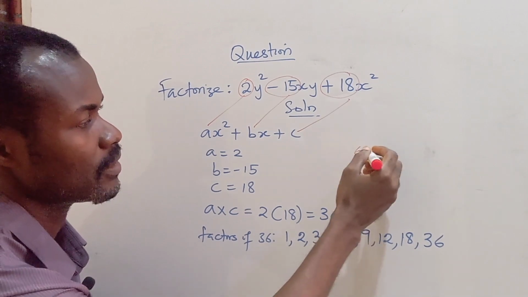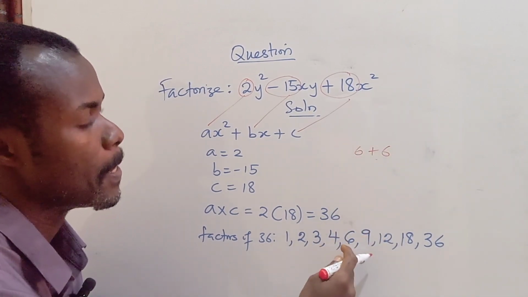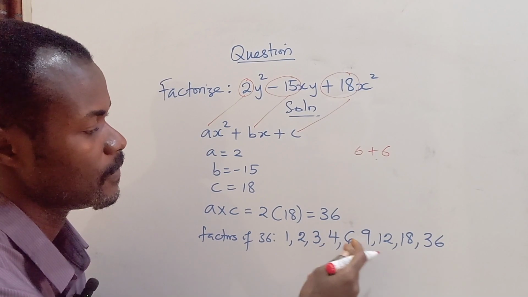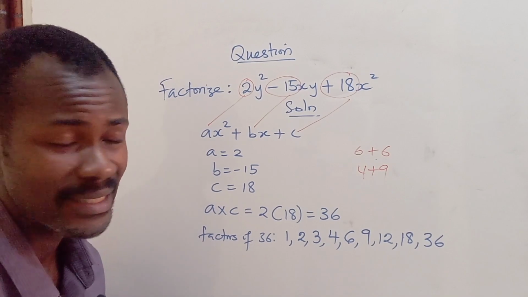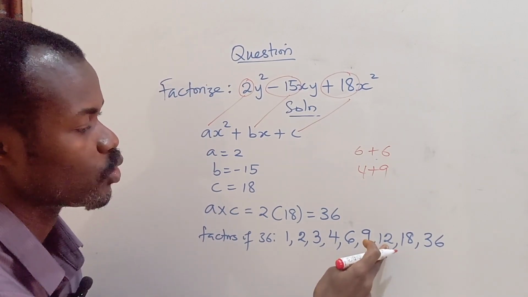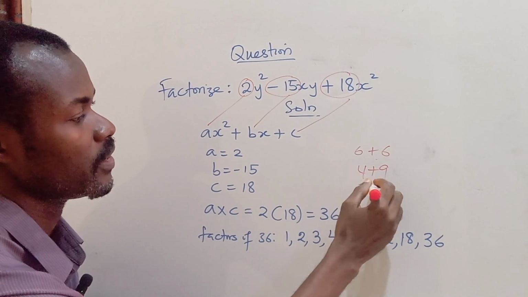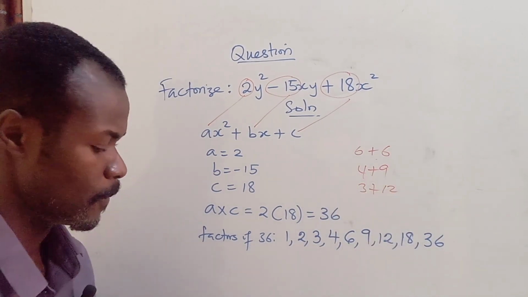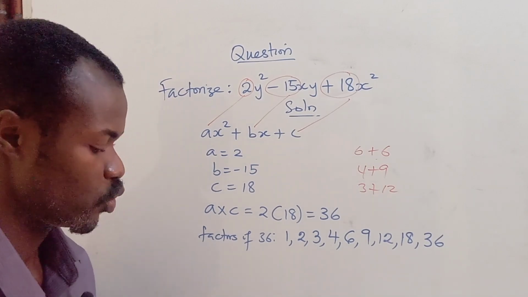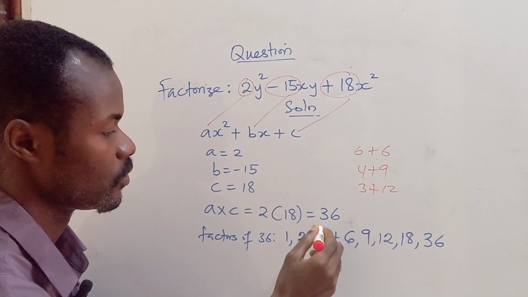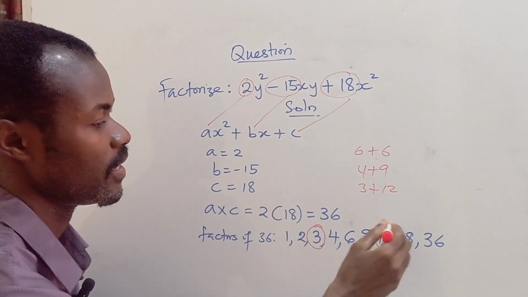Let's try 4 and 9. 4 plus 9 gives us 13, so it will not work. What about 12 and 3? By investigation, the numbers we have are 12 and 3. Let me circle them.